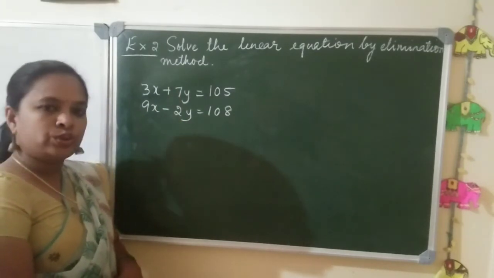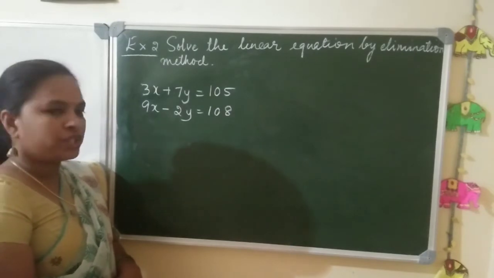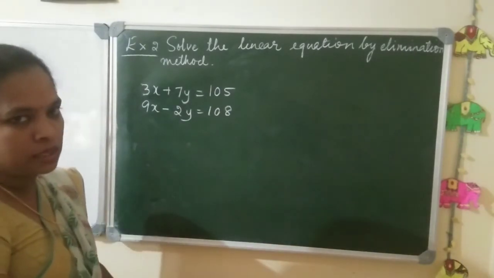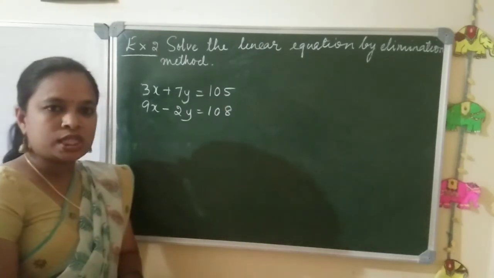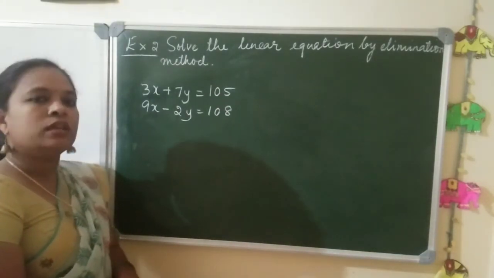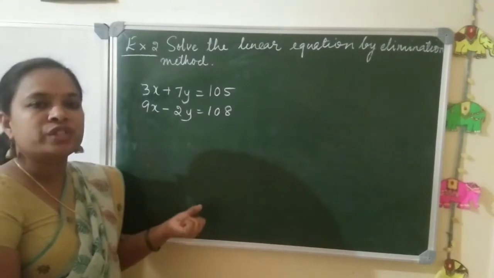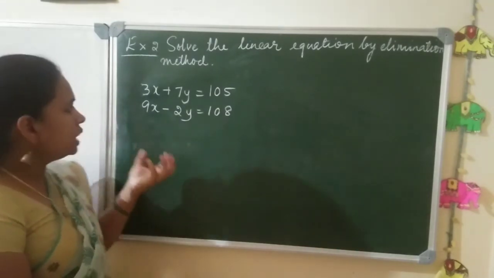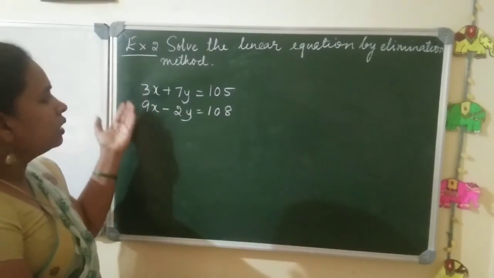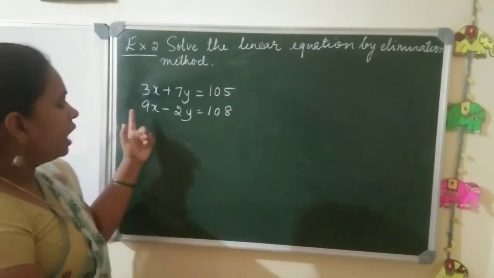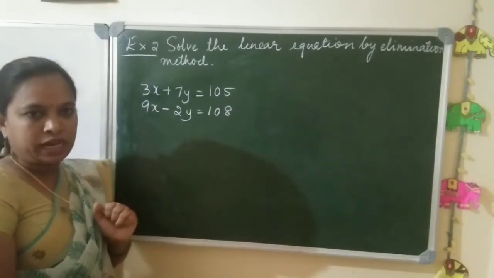So what you have to do is make the coefficients same. How to make the coefficients same here? That is a question. You need to make the coefficients same by multiplying both the equations in such a way that one of the coefficients will become common. See, if you take 3 and 9, this first equation should be multiplied with 9 and the second equation should be multiplied with 3.